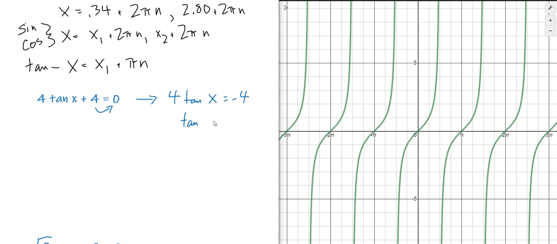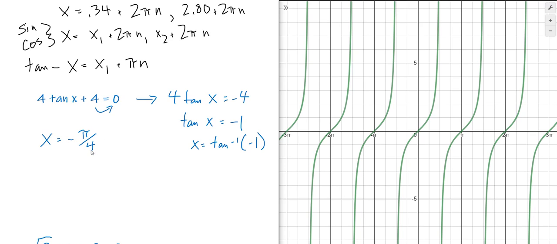Thus, tan of x equals negative 1, which gives me x is equal to tan inverse of negative 1. And now if we plug this into a calculator, the value the calculation is going to give us is pi over 4, or negative pi over 4.